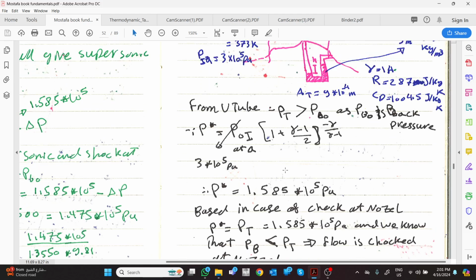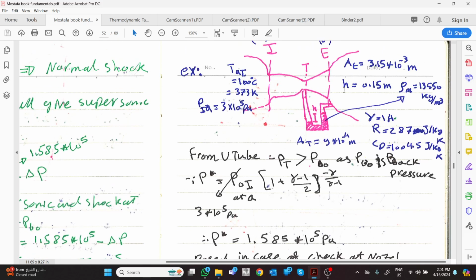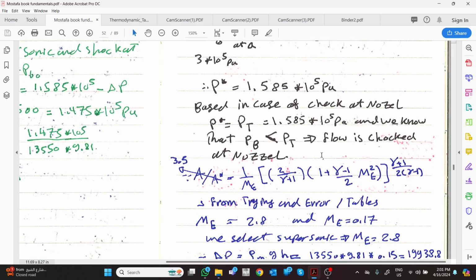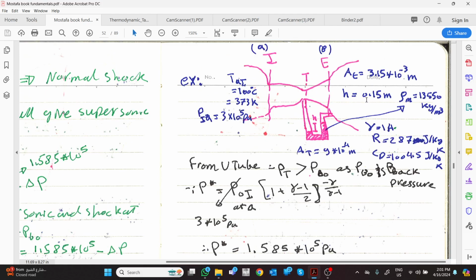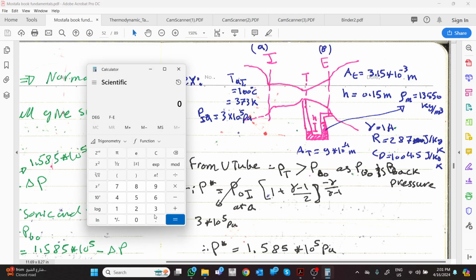By the way, because we know that is the area ratio, which is... I just have a doubt about it. 3.15 divided by 9 multiplied by... yes, it's 3.5.